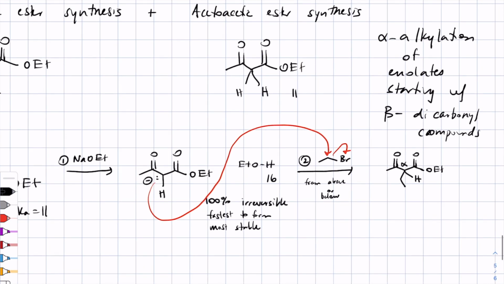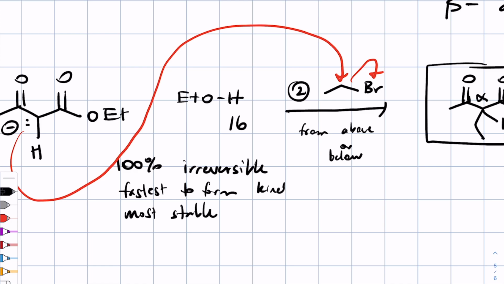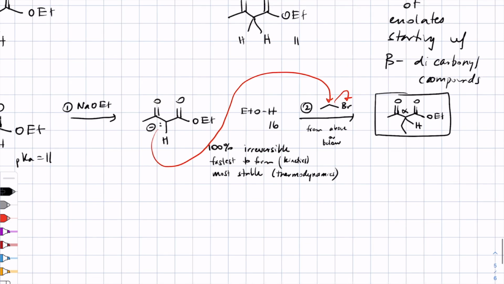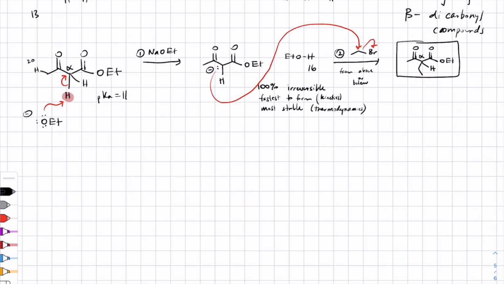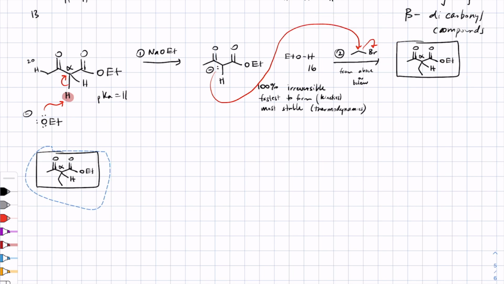Now, the other advantage of this method, aside from aligning the kinetic and thermodynamic issues, the other big advantage here is that the product we form, we can use to do other things. So, for example, I'll show you a couple of different things you can do with this product.